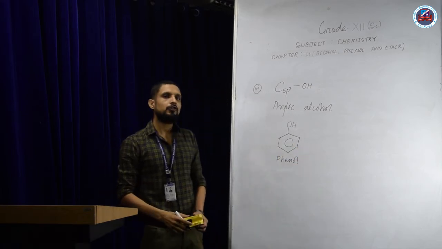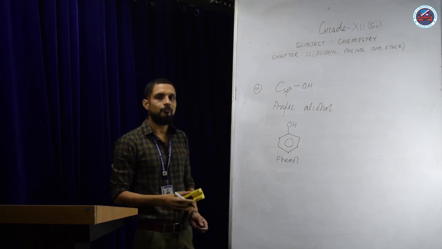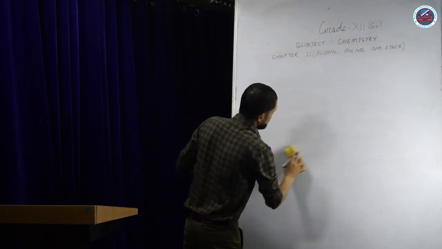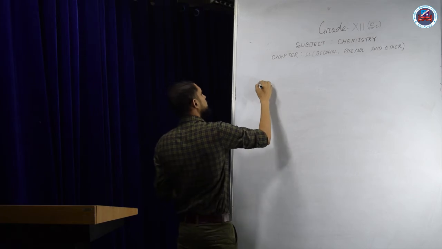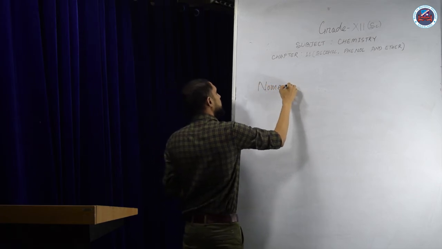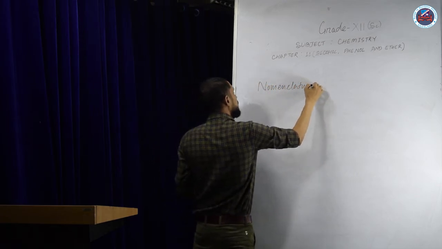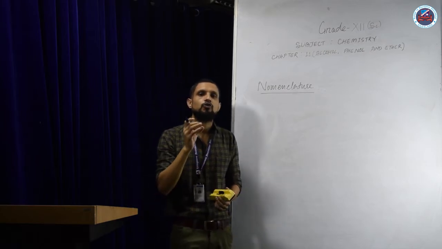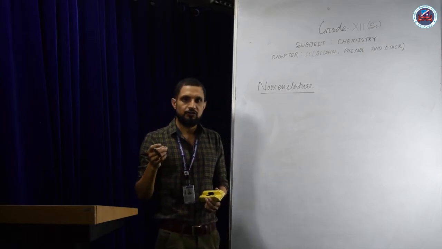Now next, let us see the nomenclature of alcohol and phenol. So in nomenclature, we studied two different types of name, that is common name and IUPAC name.